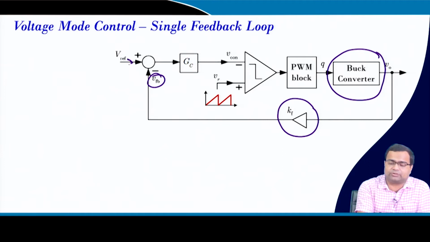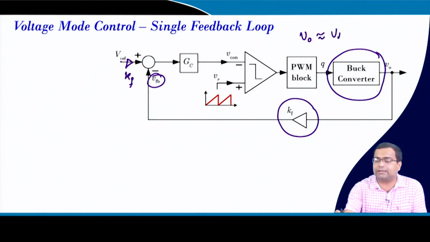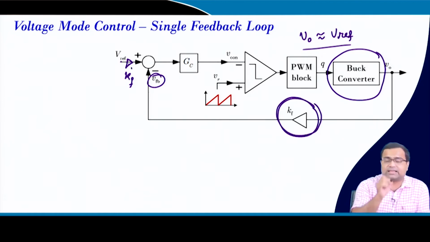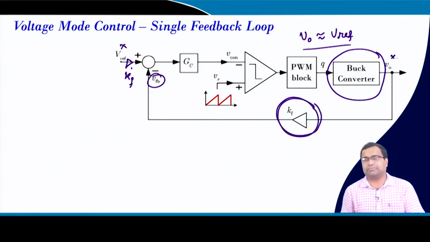In fact, the reference voltage also should have a gain, a feedback gain, because you need to scale the reference voltage accordingly in order to match. That means our objective is ultimately to obtain V0 equal to Vref at steady state, the desired voltage. So, if you step down by a factor of kf, then you have to make a scaling factor here, so that Vref to V0 can be mapped.